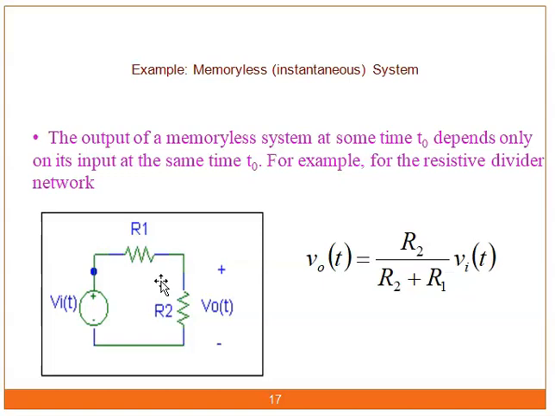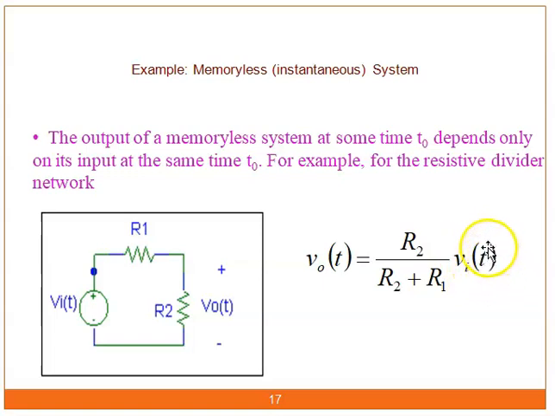Next, an example of a memoryless system. The output of a memoryless system at some time t0 depends only on its input at the same time. Here you have a resistive divider network, which only depends on the input at the same time.